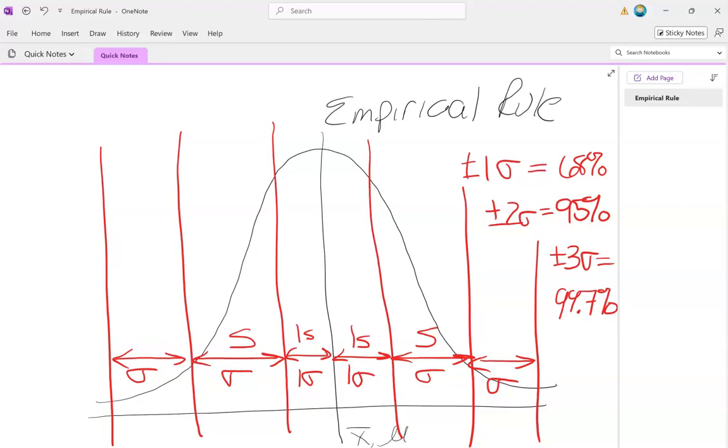Now, if you ever work in a manufacturing environment, or you become a CMA yourself, which is a certified manufacturing accountant, you'll run into something called Six Sigma, which is a statistical method of ensuring zero defects in manufacturing. That's actually where this comes from, because here's 1 sigma, 2, 3, 4, 5, and 6. So 6 sigmas across the distribution encapsulates all of the data.